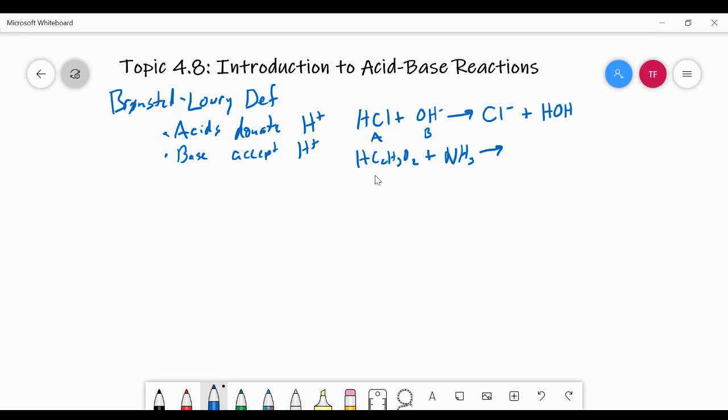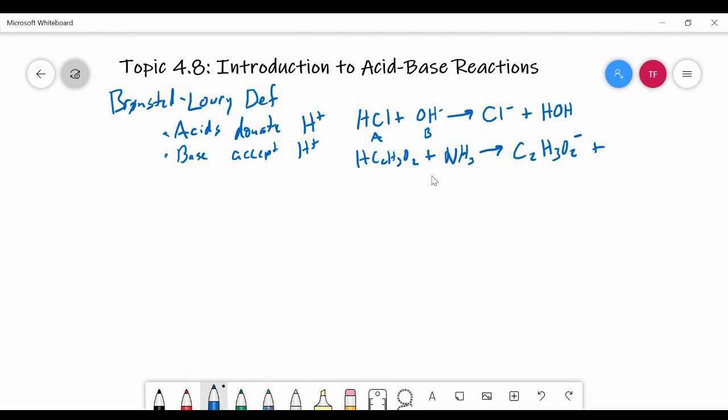Anyway, in this particular reaction, the hydrogen will get transferred from the hydrogen acetate to the ammonia. And when it happens, we'll end up with C2H3O2, and that will now be negatively charged because it lost the positive hydrogen. It was neutral, so that means now it has a negative charge. The NH3 was neutral.